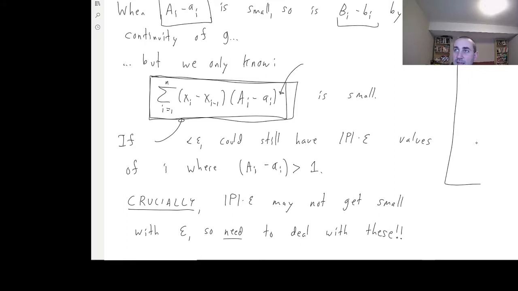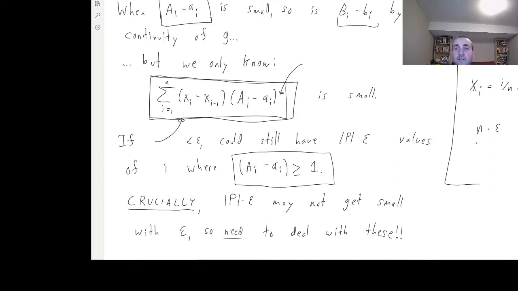Even if a is 0, b is 1, and x_i is i over n, so this is sort of the simplest possible partition of the interval from 0 to 1, in that case there could actually still be up to n times epsilon values of i for which capital A_i minus lower a_i is bigger than or equal to 1.